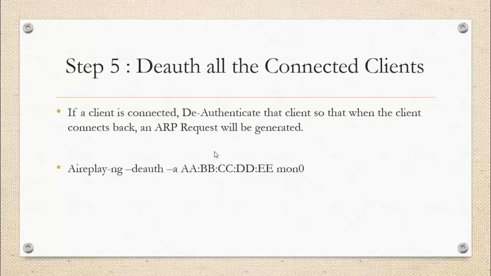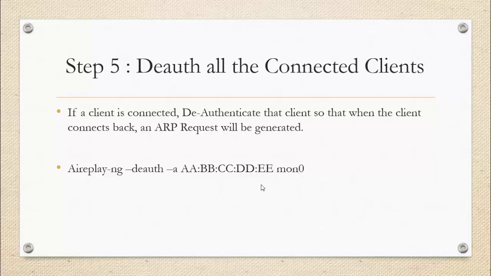In case a client is already connected, we need the client to reconnect in order to generate an ARP request. So what we'll do is deauthenticate the client so that the client authenticates to the access point again.